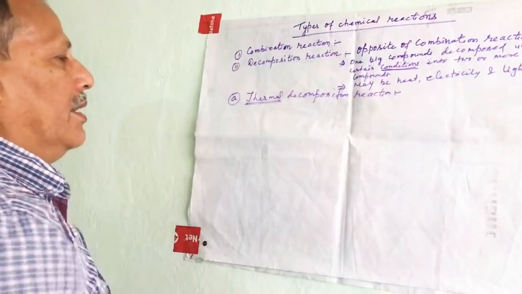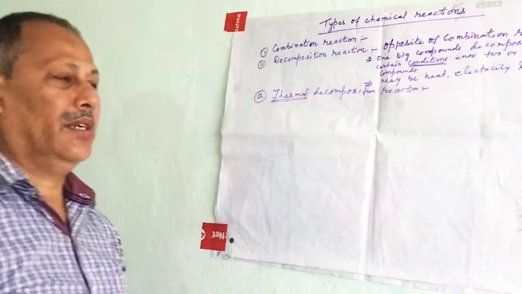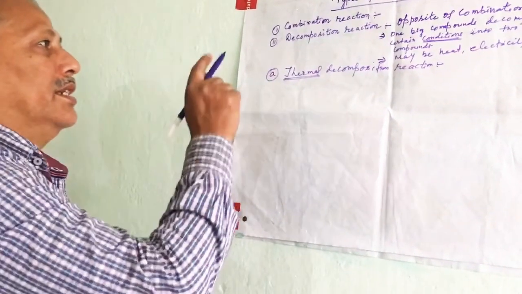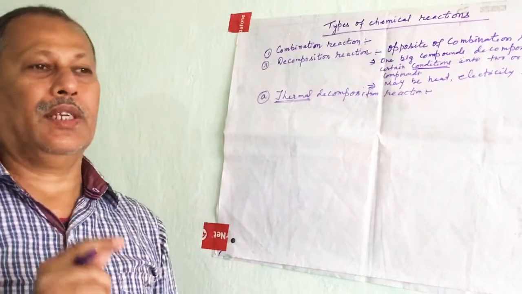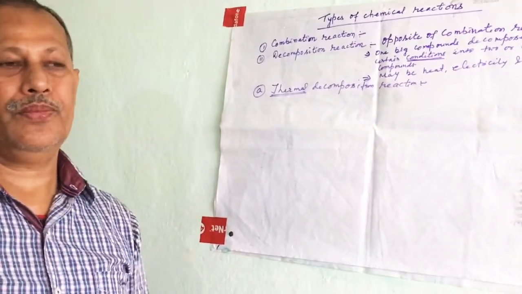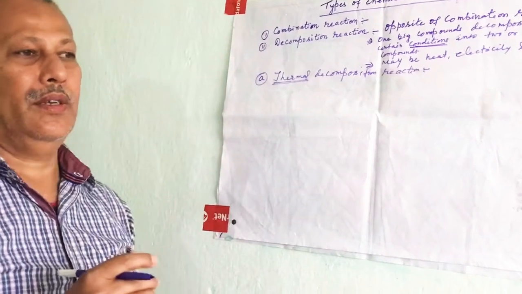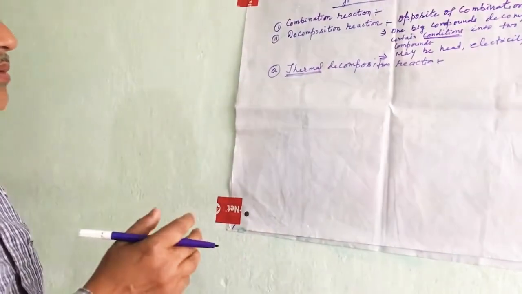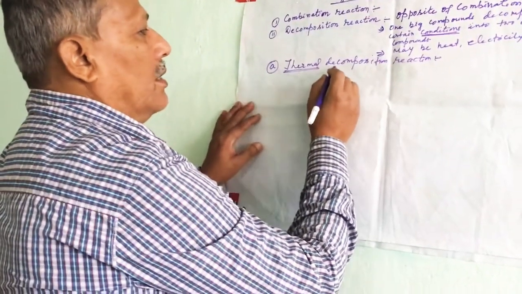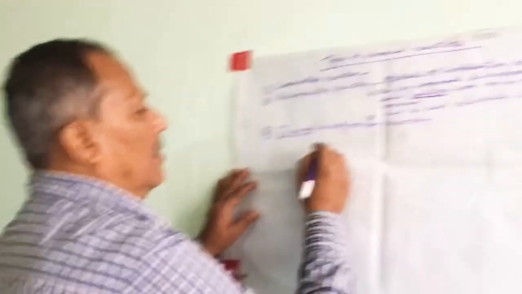So upon heating, heat is required. And one thing you must know, that generally decomposition reaction is endothermic in nature. So heat is required; upon heating, this is a thermal decomposition reaction.